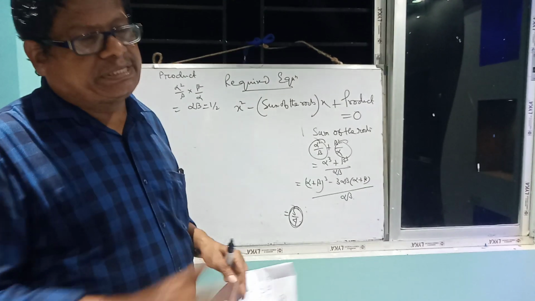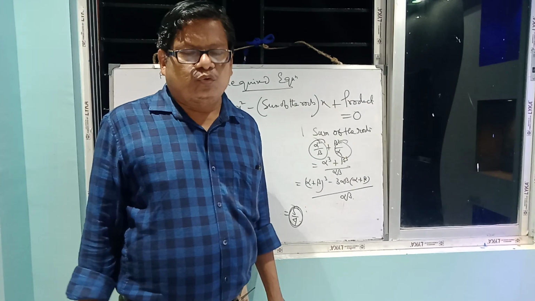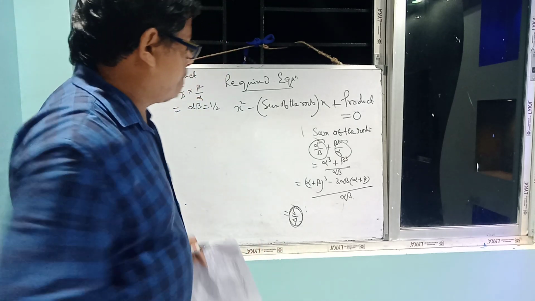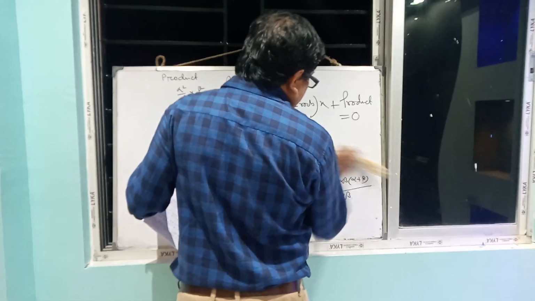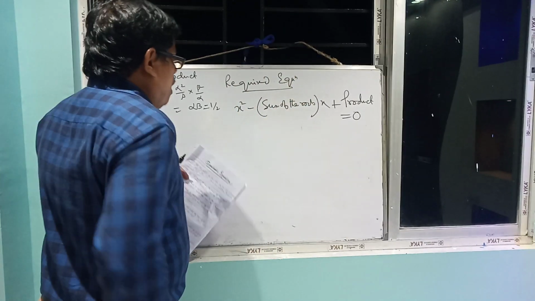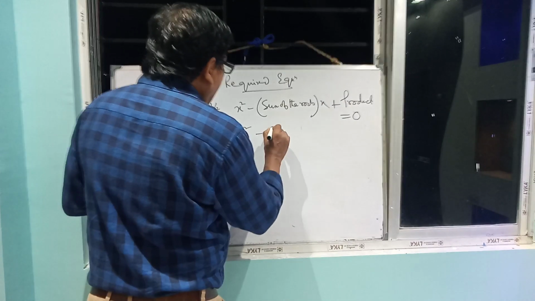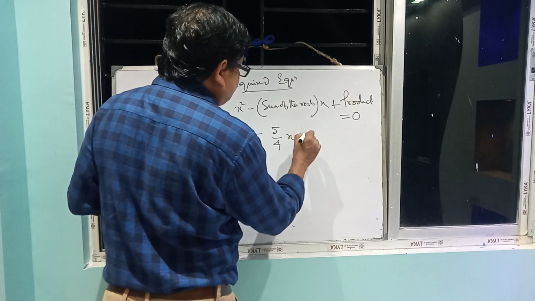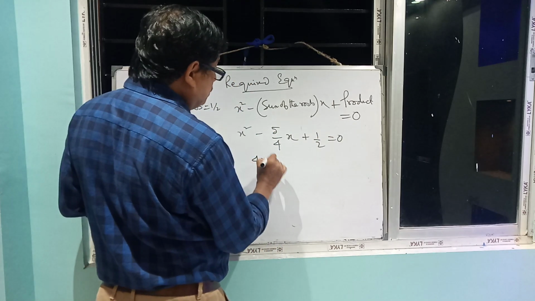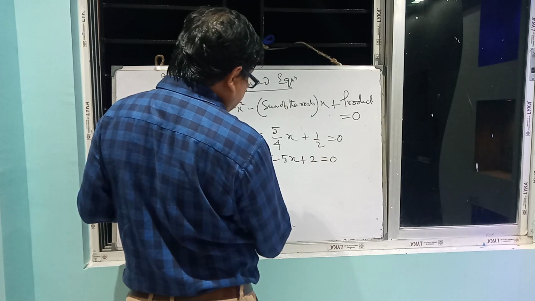Here, since an equation is asked, the right hand side should be 0. Okay. Now write x square minus 5 by 4 of x plus product half. This should be 0. Right, 4x square minus 5x plus 2. This is the equation.